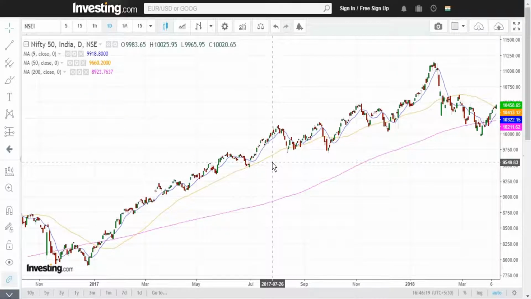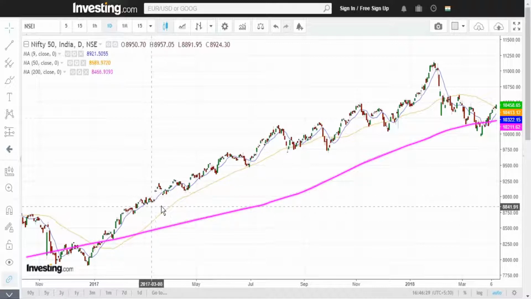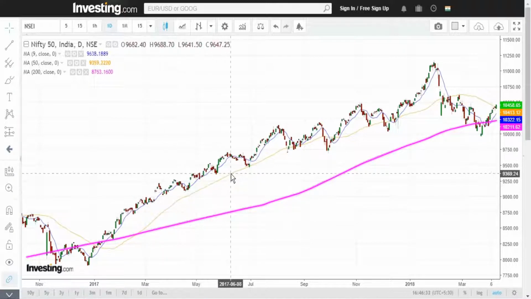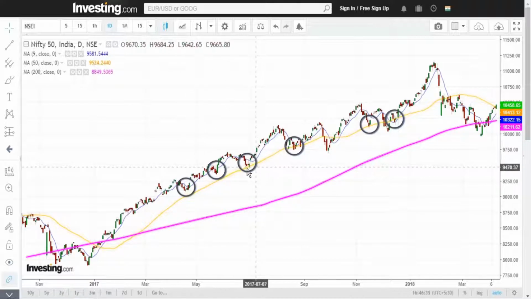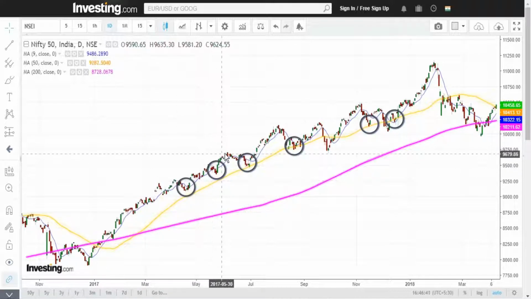Now, one important factor is that when price comes close to a longer term moving average, it is very significant. As we can see in the Nifty daily chart here, price came close to this 50-day moving average quite a number of times, but it didn't break and the price moved higher and higher.